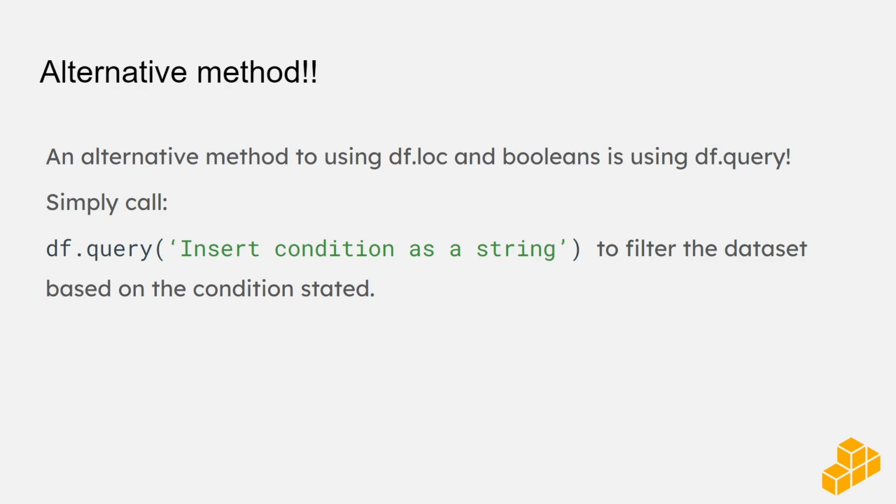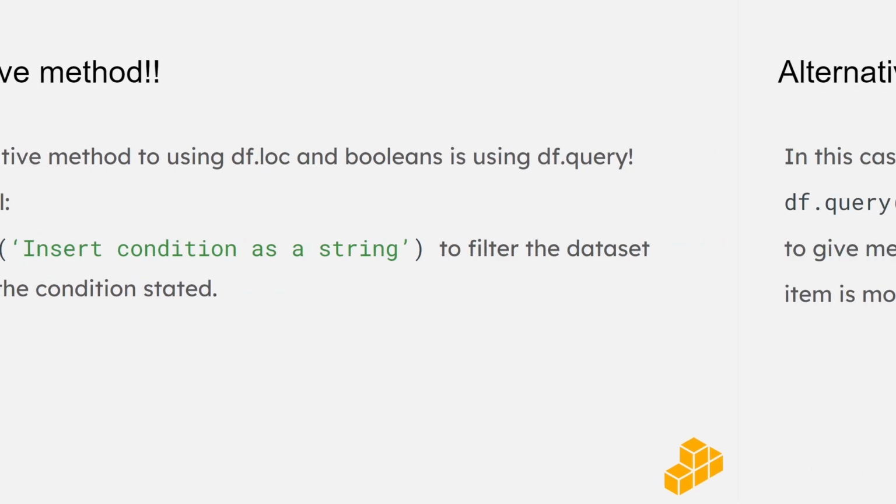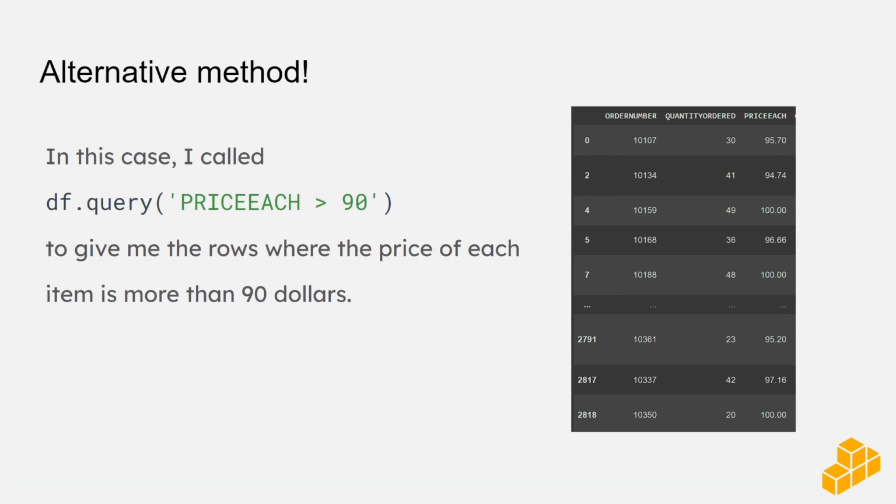So if I call df.query and insert the condition as a string, it must be in a string format, then you can filter all the columns or rows based on that specific filter. It's basically like applying filters in Excel. In this case, I call df.query where my price each column of this data set is more than 90.